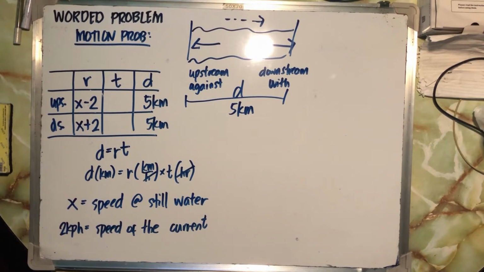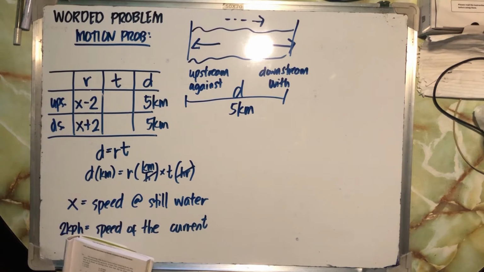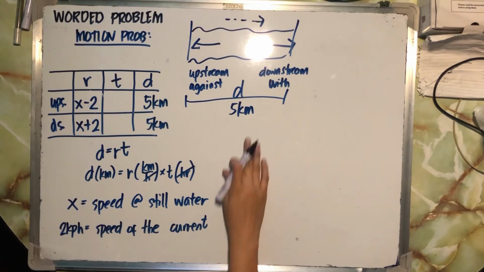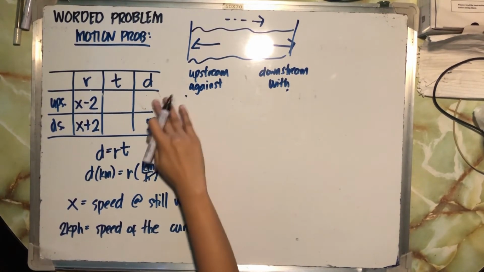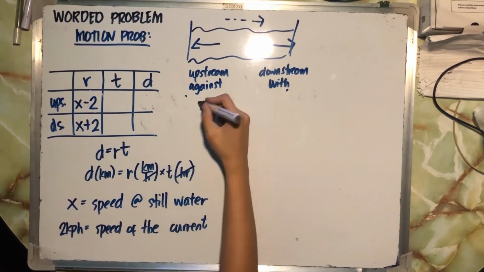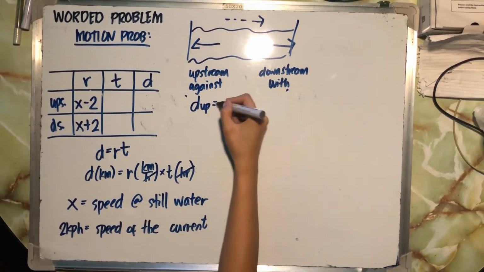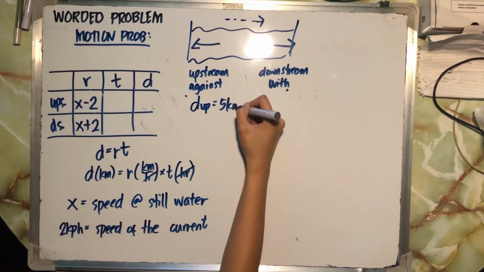Okay, teka lang. Ano palang sabi sa problem? The motorboat goes 5 kilometers upstream. In the same time, it requires to go 7 kilometers downstream. Okay, teka lang. Mali pala tayo. Ang distance pala na tinravel niya upstream, okay ko na lang dito. Distance upstream daw is 5 kilometers.